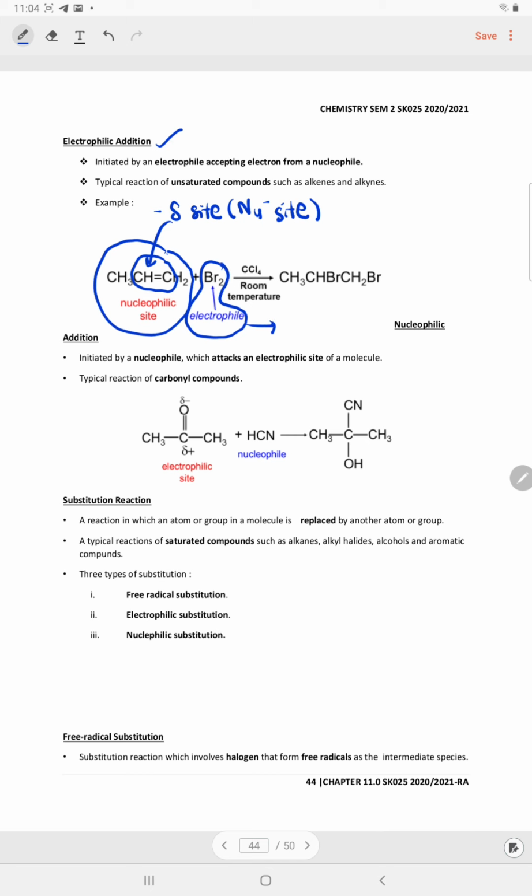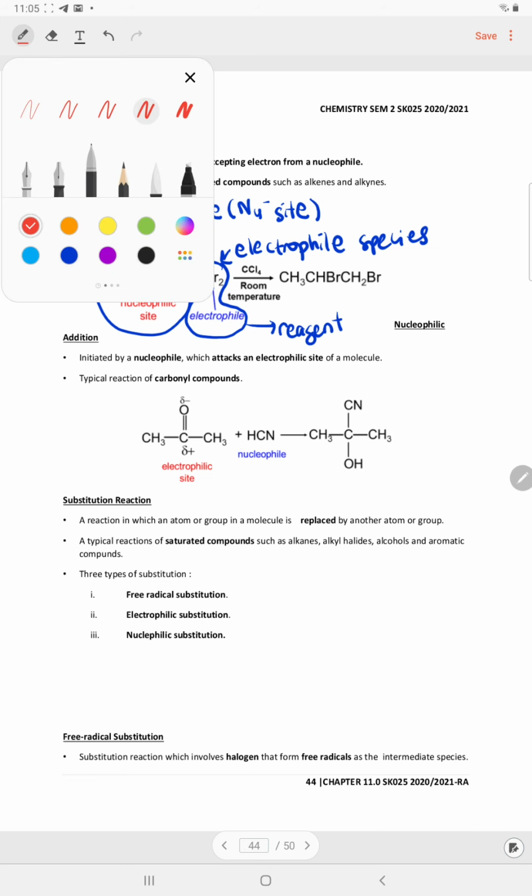This reagent will add to the carbon-carbon double bond, so we classify it as an electrophile species. Remember, if it is addition, why can we call it electrophilic? Because we add a positively charged species.